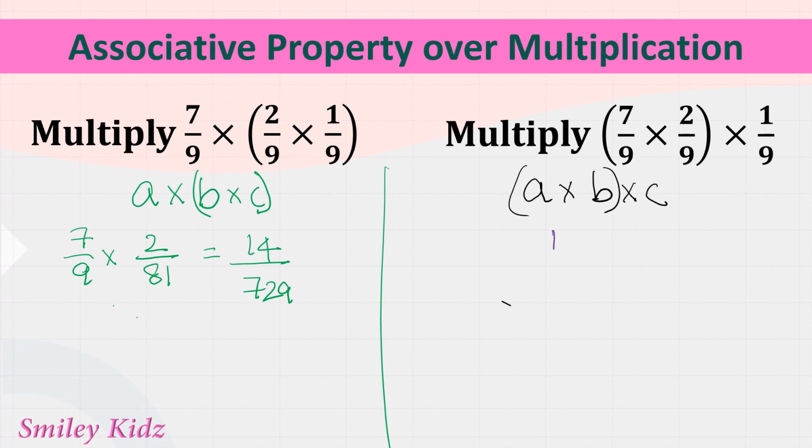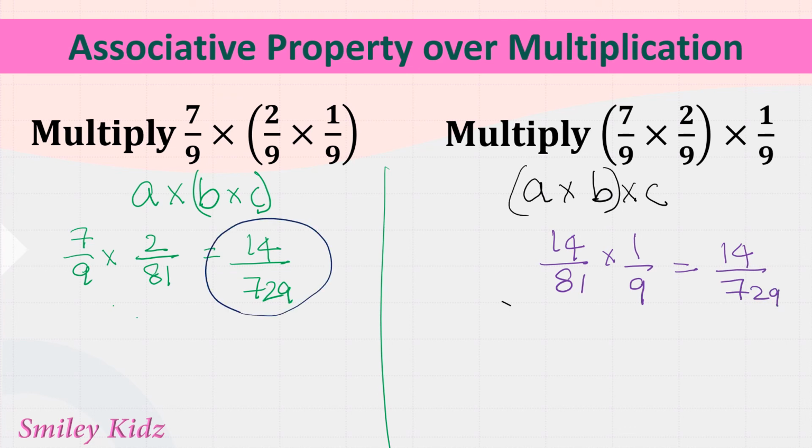That will be equal to 14 by 81 multiplied by 1 by 9, which is equal to 14 by 729. So in the first condition we got 14 by 729 and in the second condition also we are getting 14 by 729. This means that associative property over multiplication is satisfied for rational numbers.